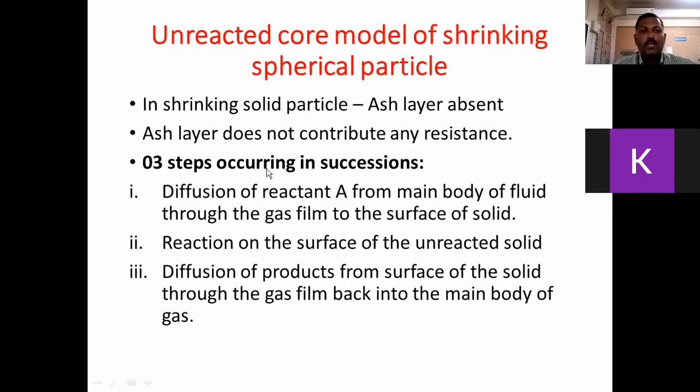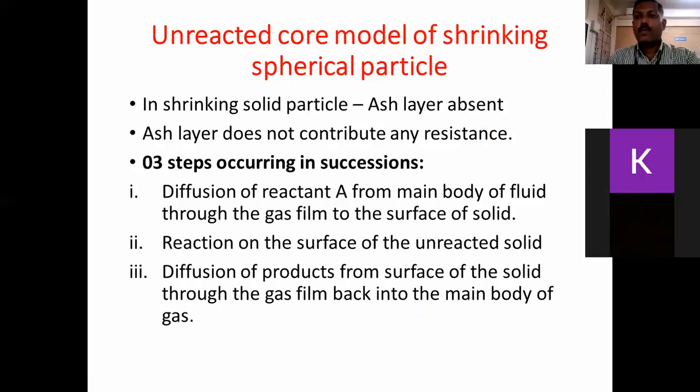So this is the unreacted core model of shrinking spherical particle. In a shrinking solid particle, the ash layer is absent. This is the important thing. When the particle size is unchanging during the reaction, there is a gas film layer, then an ash layer, then the surface reaction.